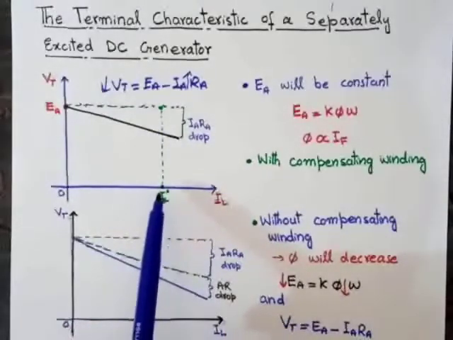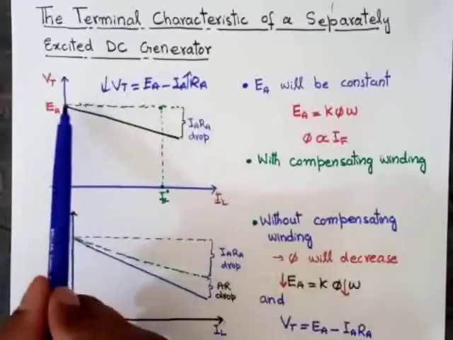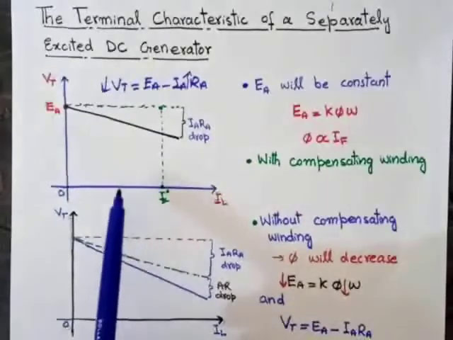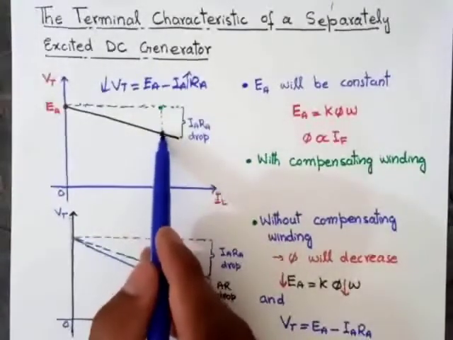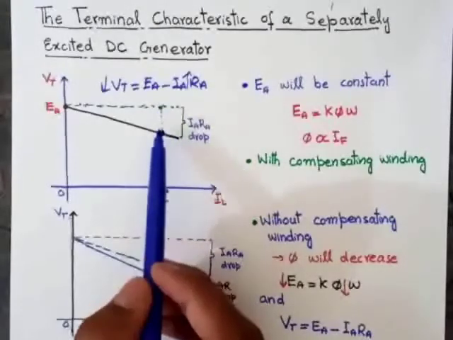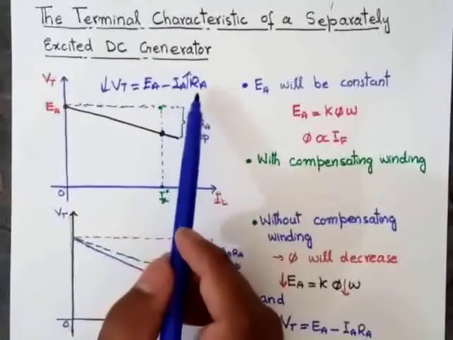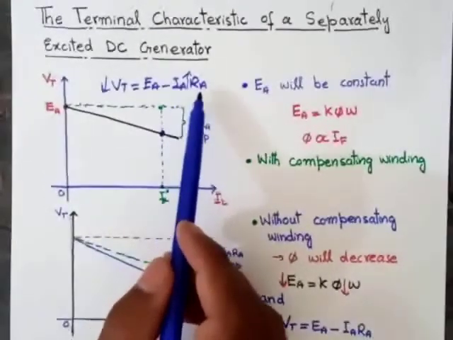Now, as you can see in this graph, at this point this is the internal generated voltage, and when we connect the load, due to full load, this is the actual output voltage. The difference occurs due to this factor, Ia into Ra, the voltage drop across Ia into Ra.